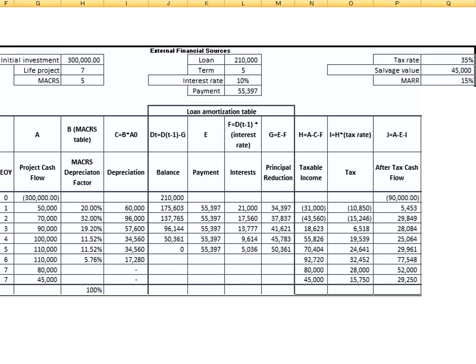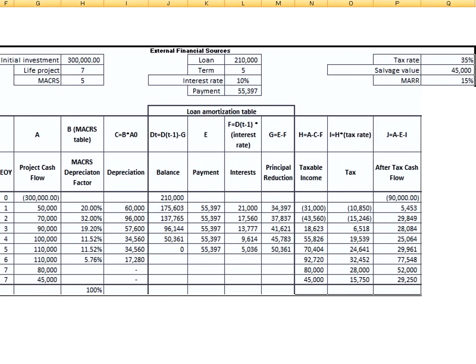For an example of the case when the taxable income is a positive number, we can look at year 3 with a project cash flow of $90,000, depreciation of $57,600, and interest of $13,777, with a taxable income now in the positive numbers of $18,623. The rest is computed pretty much as we have done in the past: we compute the tax as the taxable income times the tax rate for all the rows.